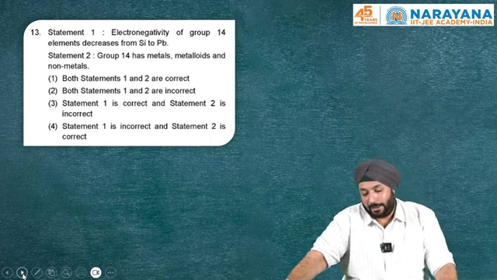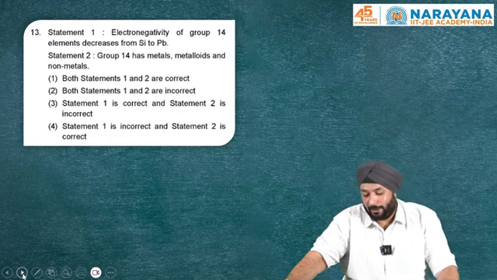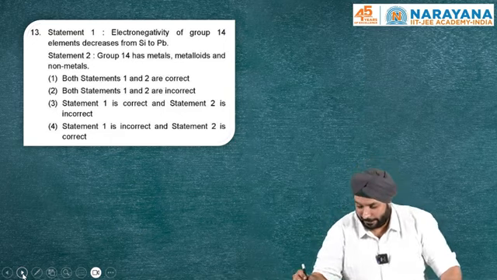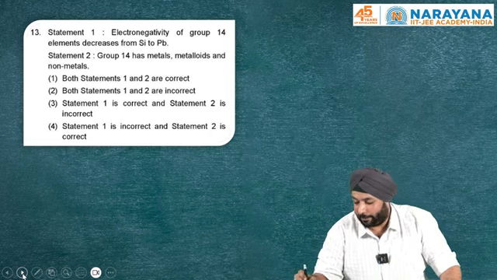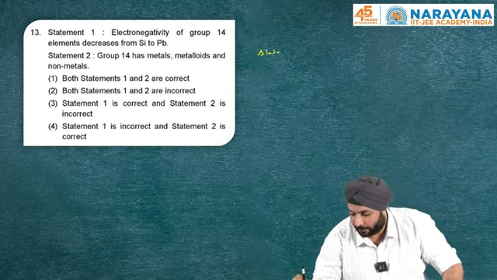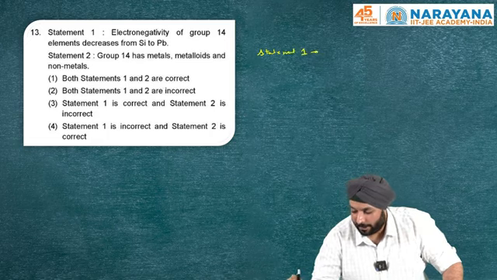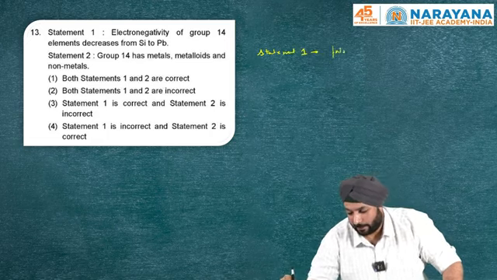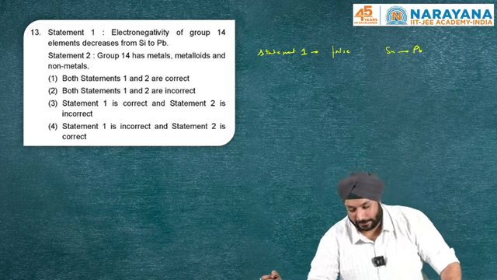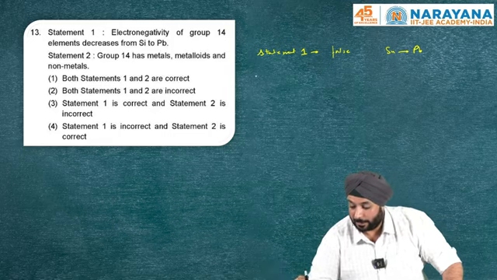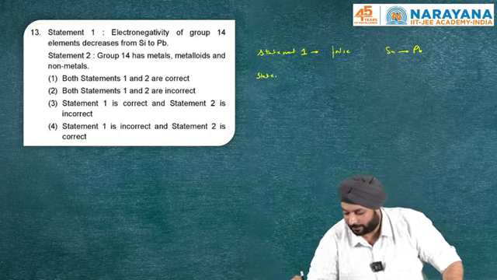Then group 14 elements have metalloids and non-metals, that every one of us knows, right? So yeah, statement 1 is false, because from tin to lead electronegativity increases. So statement 2 is true.